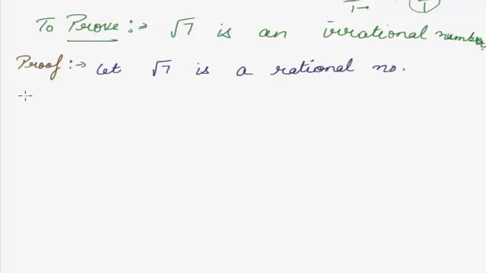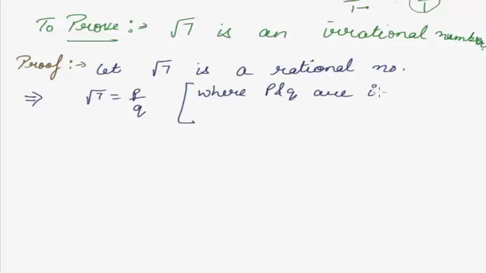That is, root 7 is equal to p by q, where p and q are coprime integers and q not equal to 0.